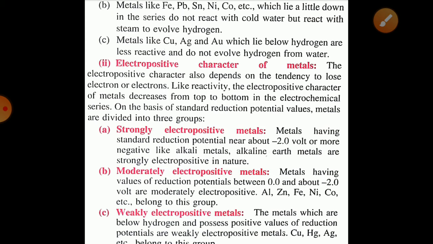Metals like iron, lead, tin, nickel, cobalt, etc., which lie a little down in the series, do not react with cold water but react with steam to evolve hydrogen. So the metal which is extremely reactive, meaning it has a high negative value of reduction potential, easily reacts with water to evolve hydrogen, but the metal which has a less negative value of reduction potential reacts with hot water to release hydrogen.